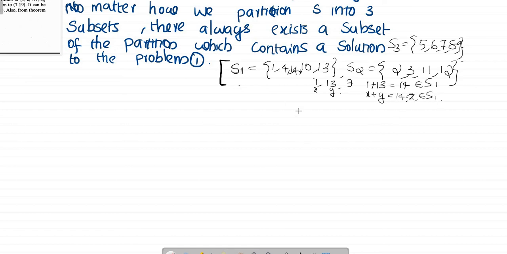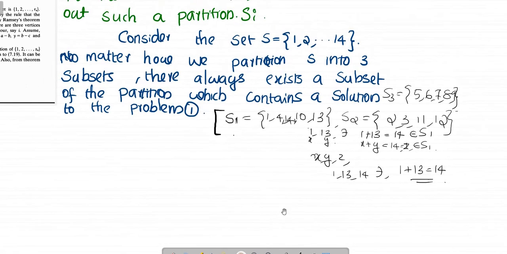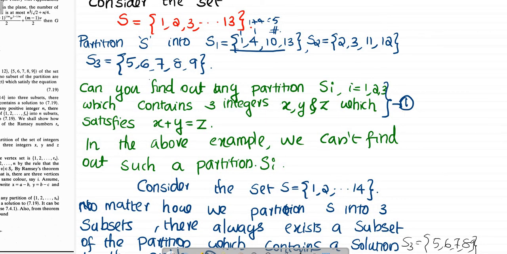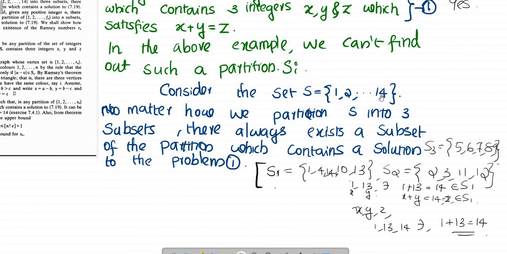Clearly we can find x, y, z: 1, 13, 14 such that 1 plus 13 equals 14. So this type of set exists. Can you find a solution? The answer is yes, when S is 1, 2, 3, etc. up to 14. So the minimum number of elements here is 14.